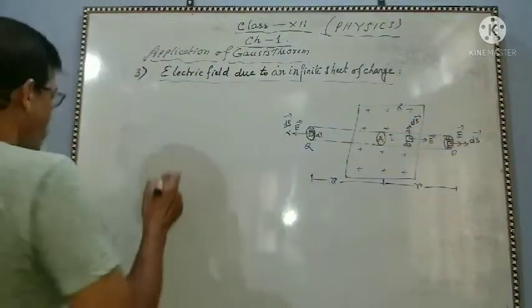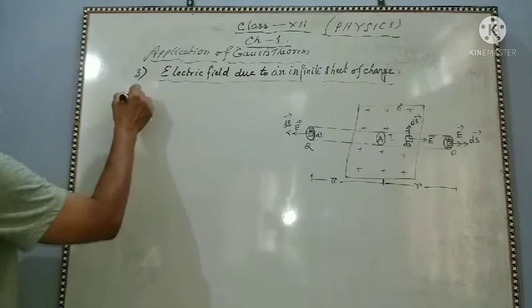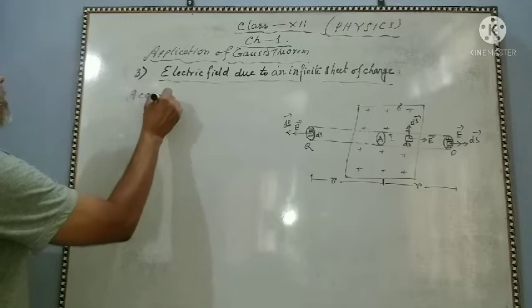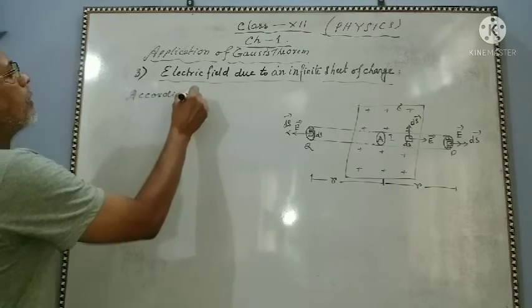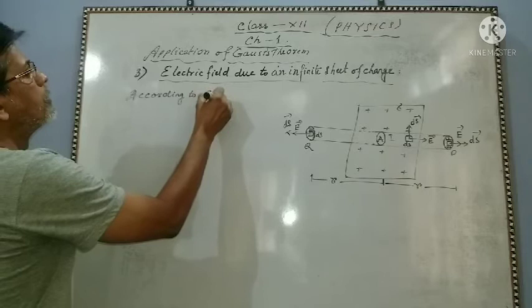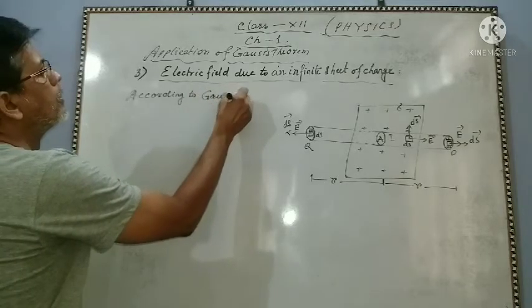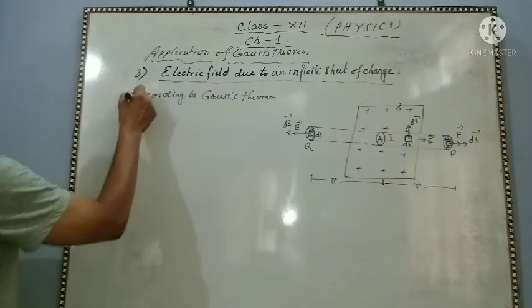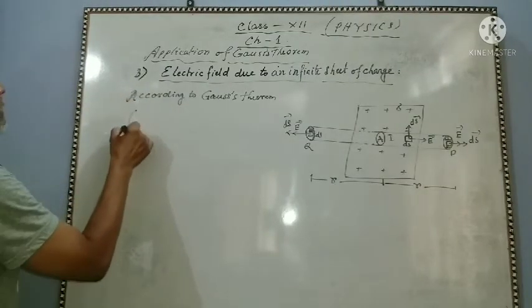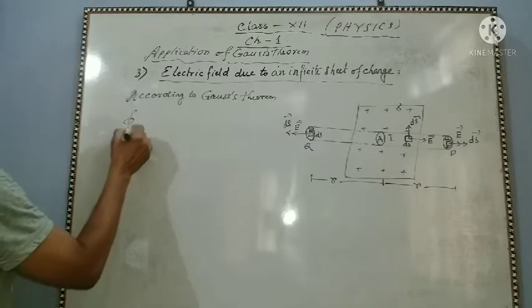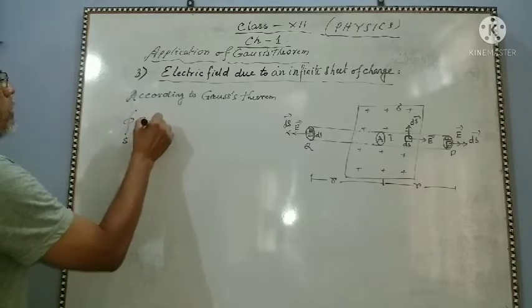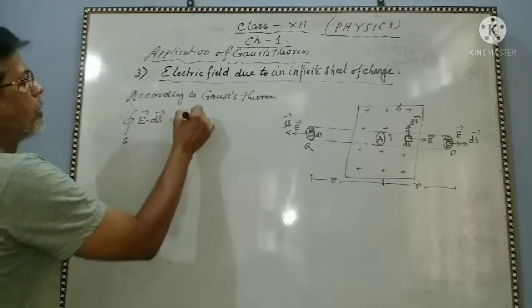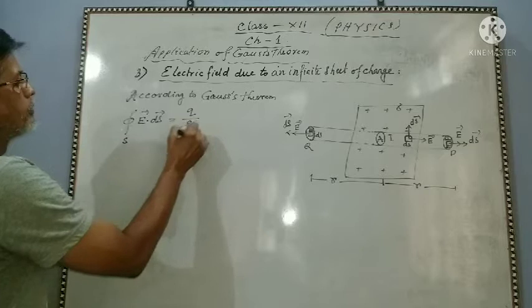Now according to Gauss theorem, what are we getting? The closed integral of E dot ds equals q by epsilon naught.